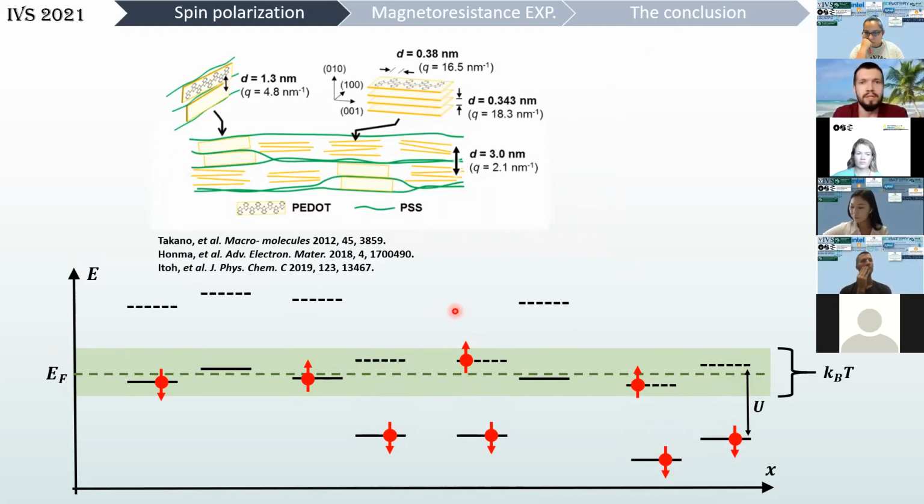Now I want to explain why we actually expect to see this Coulomb correlation take place in PEDOT:PSS films. On this scheme, the planar PEDOT segments are represented by yellow sheets and the PSS polymer by green lines.